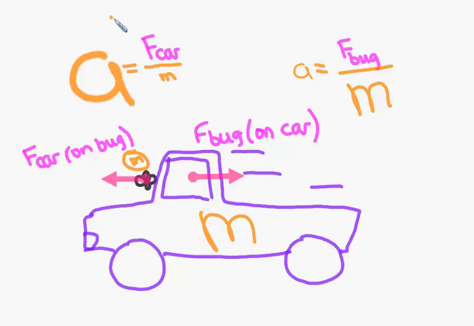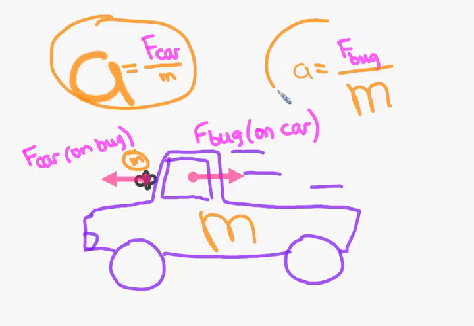So the acceleration of the bug is huge compared to the acceleration of the car. Not because the forces are different, but because the masses are different. So the same amount of force, equal and opposite forces, squashes the bug and accelerates the bug backwards, while it does nothing to the windshield and causes the truck to hardly accelerate at all. That's what it means for Newton's third law. Equal and opposite forces always.